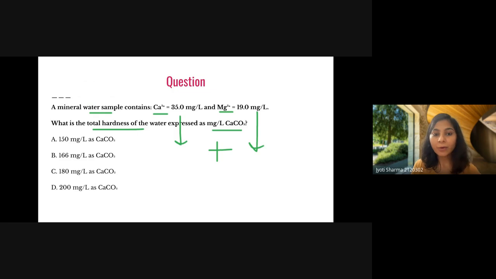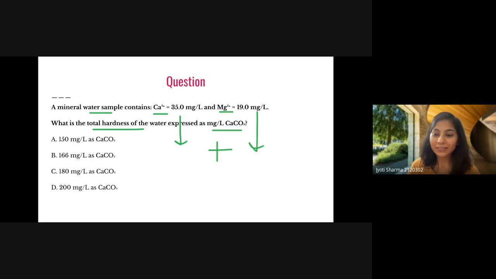So can you tell me the molecular mass of calcium and molecular mass of magnesium, because we have to convert it into mg per liter CaCO3. Molar mass of calcium is mostly the double of the atomic number. Atomic number of calcium is what?